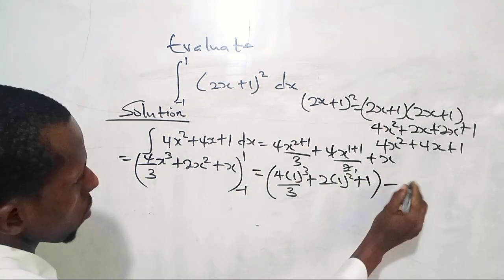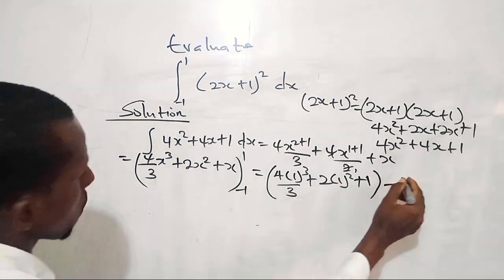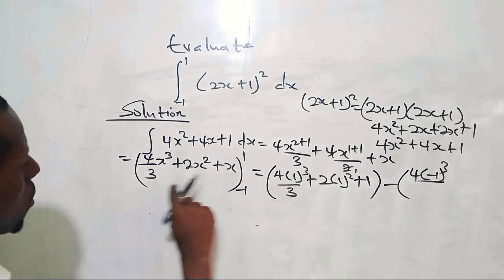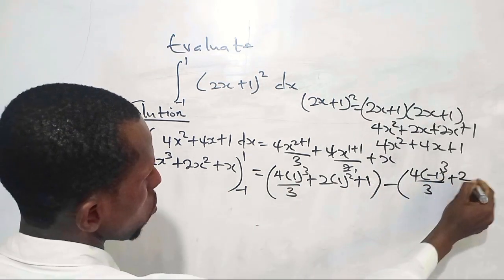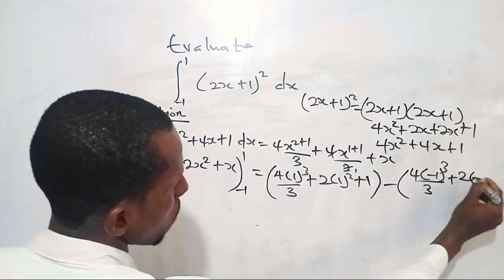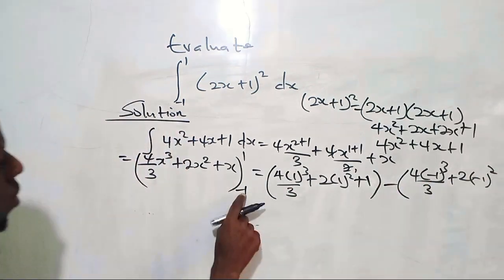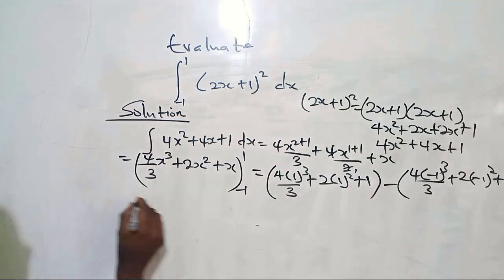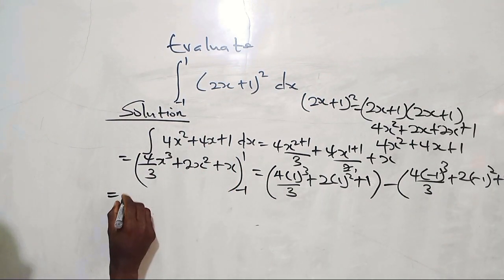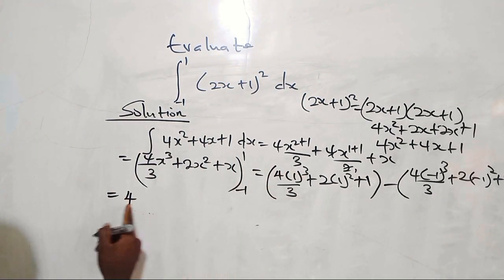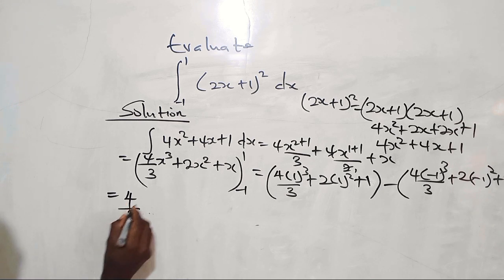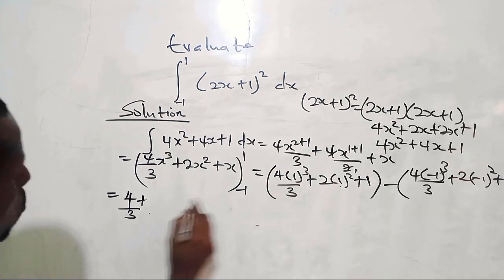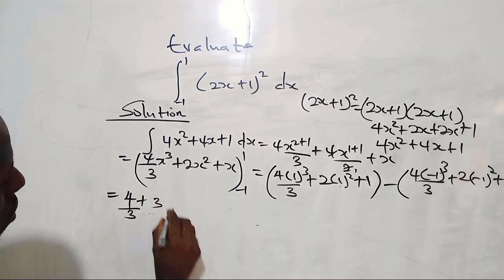Minus, these I'll substitute back: 4 times minus 1 raised to the power 3 over 3, plus 2 times minus 1 squared, plus minus 1. From here, 1 raised to the power 3 is 1, times 4 is 4, over 3, plus 1 squared is 1, times 2 is 2. So 2 plus 1, I have this to be 3.